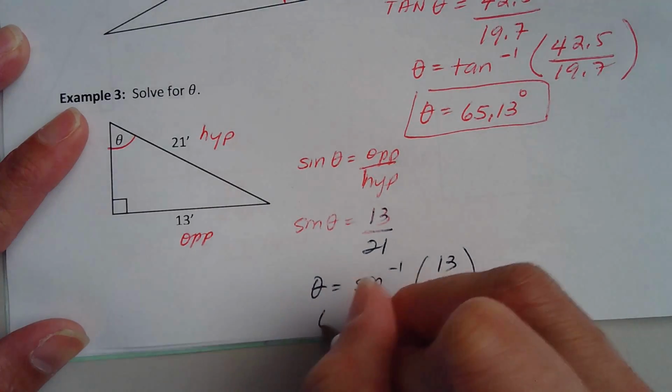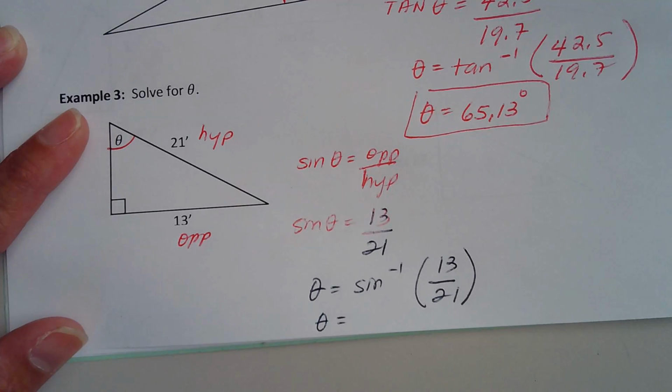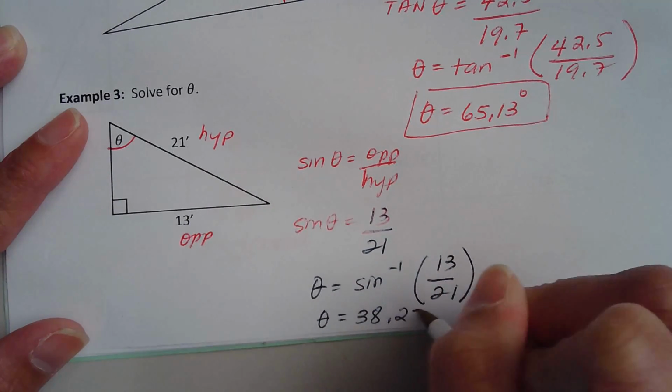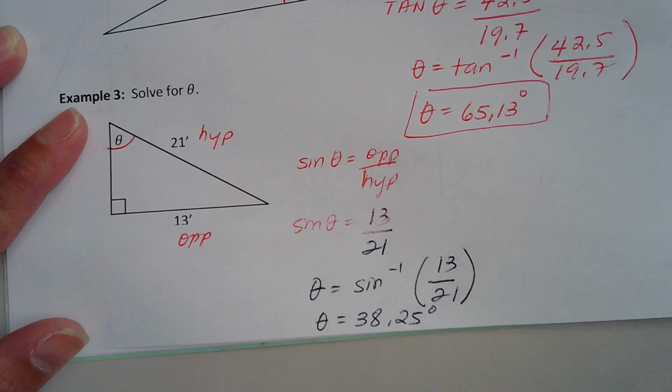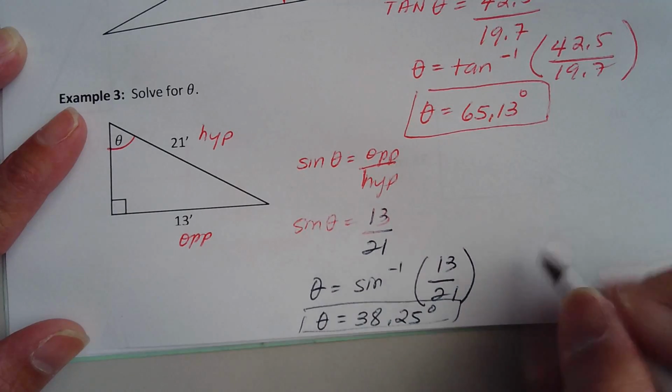And what's that equal to? 38.252466, so we'll round it off to 25 degrees. Is that okay? Yeah? Okay, so that's it.